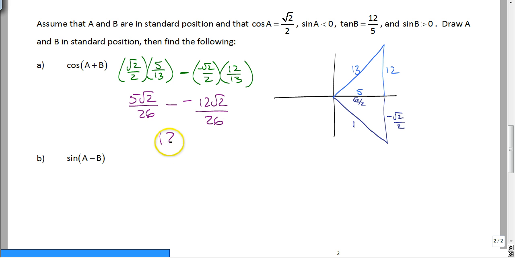So that's going to become 17 root 2 over 26. Done. That's it. You just have to make sure you draw these appropriately. And if it helps you, make sure you name them so you don't forget which one is where. So that's it for that.